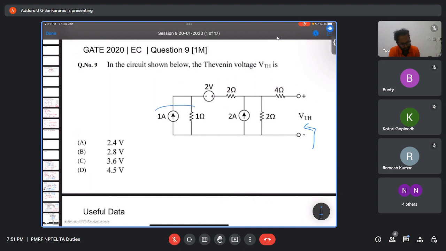So for this, can we apply source transformation? Suppose I have a current source and a parallel resistance R. This can be replaced by an equivalent voltage source with a series resistance.